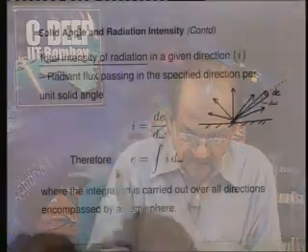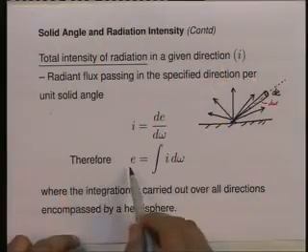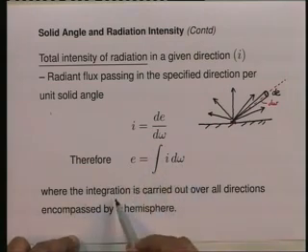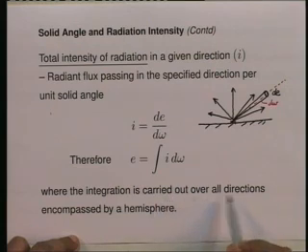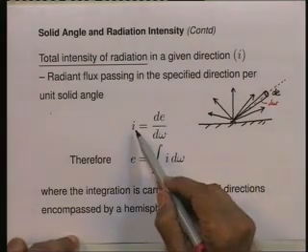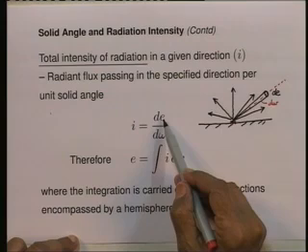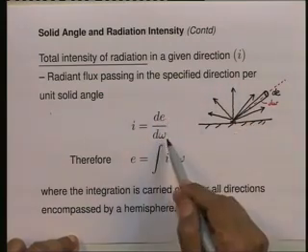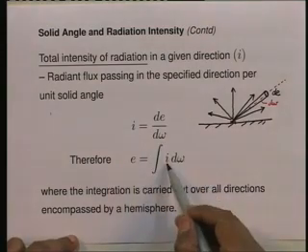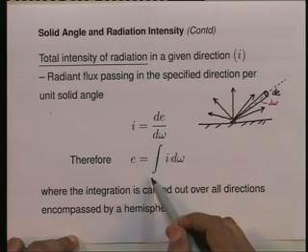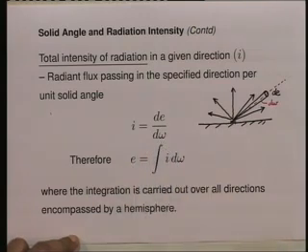So, let us put it in the reverse way here. Therefore, E is nothing but the integral of I d omega, where the integration is carried out over all directions encompassed by a hemisphere. So, there are two ways of looking at I. One is it is the radiant flux, so many watts per meter squared per unit solid angle in a given direction, or it is that quantity which, when integrated over all directions encompassed by a hemisphere, will give me the emissive power of a surface.